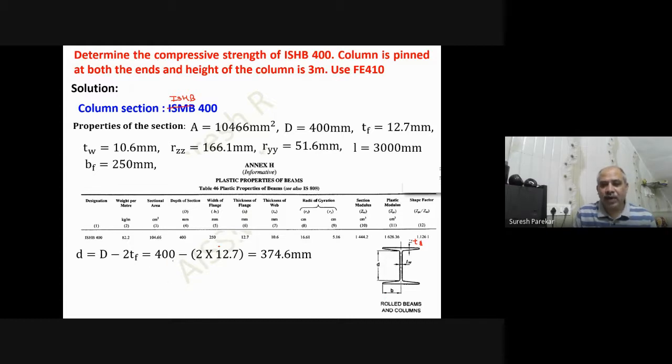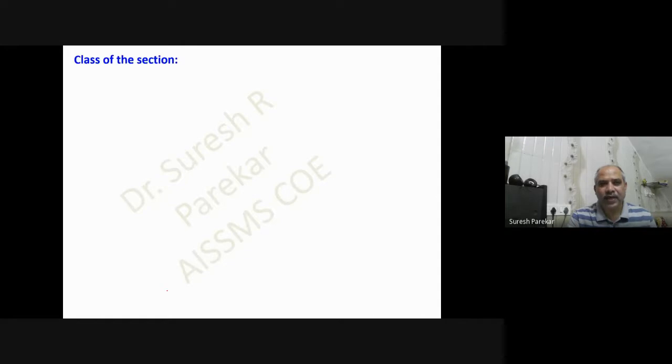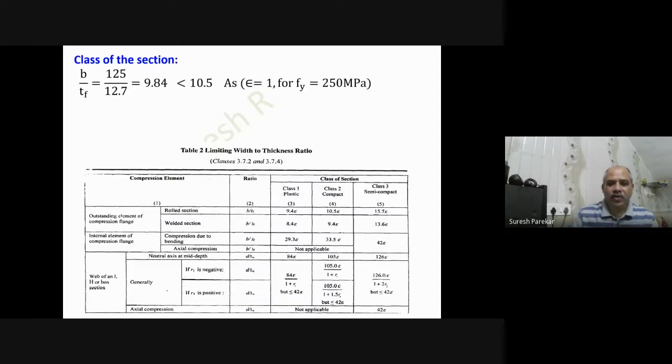D is 400 minus 2 into 12.7, and we get 374.6 millimeter. Similarly, B is bf by 2, that is 250 by 2, equal to 125 millimeters. Now using these two values, 374.6 and 125, we are going to classify the section by using table 2.